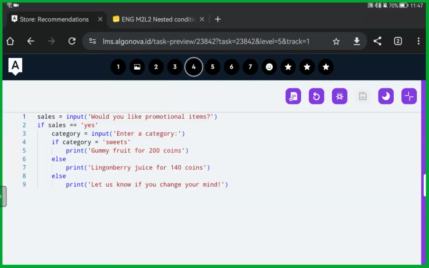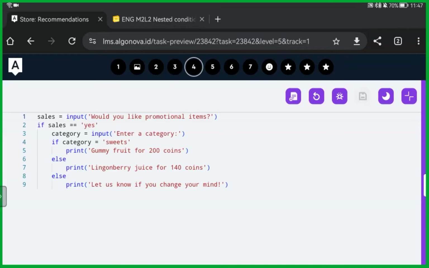Is it the seven? Is it the six? 7 should be the 8th line, I think, because there's supposed to be something else there. Okay, and is there anything else? The 9th line should be the 10th line. Sorry, can you repeat? The 10th line should be the 9th line.